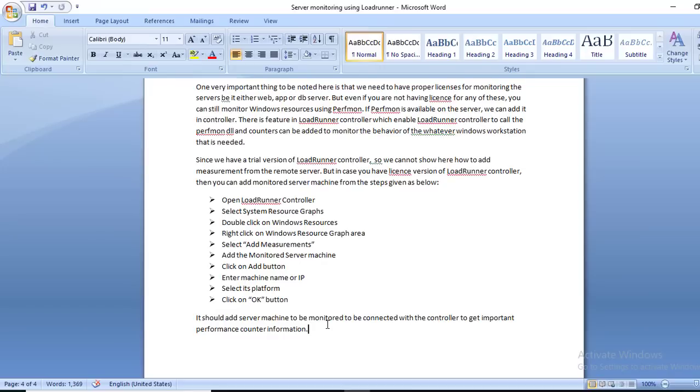So there are many things which we can learn while doing performance testing. These are simple things which we can learn. These are the things which we need to monitor to find out bottlenecks, remove bottlenecks, and improve the performance of the application to achieve our goal related to performance testing. Thank you.